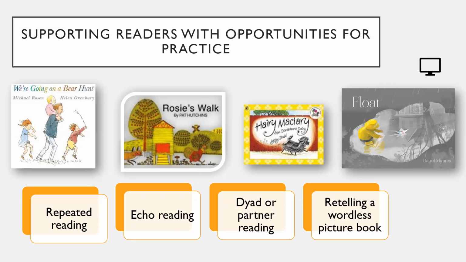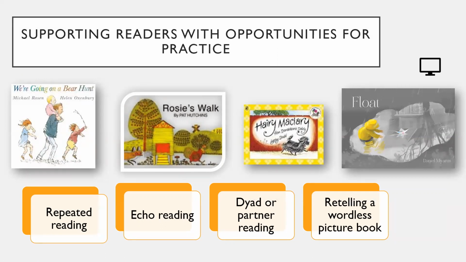You might have other students where there's echo reading, and that's reading with a more able reader, and the striving reader follows along. They both have the same text and they follow along just a moment behind that more able reader as they're practicing their reading. A dyad or partner reading, we'll look at that on the next slide, but it's a very important process that you might want to think about.